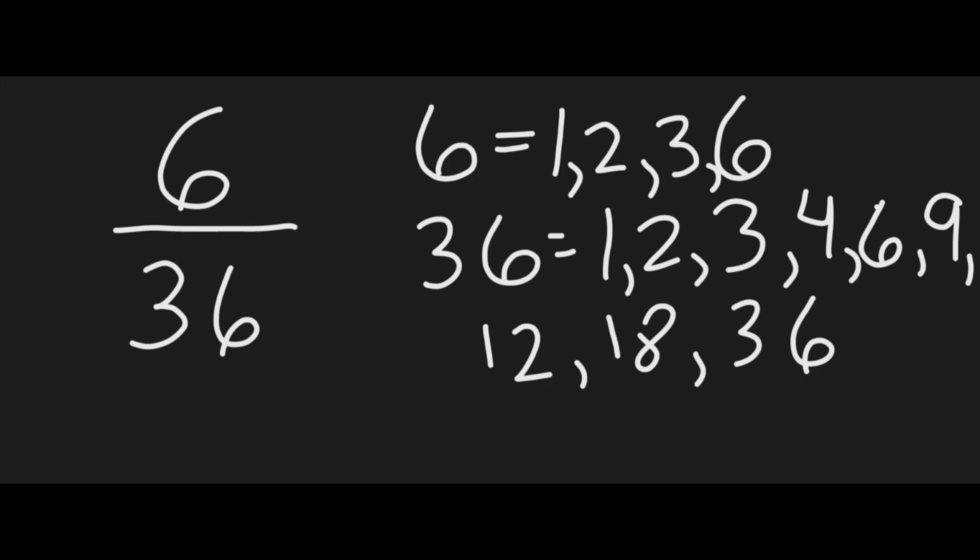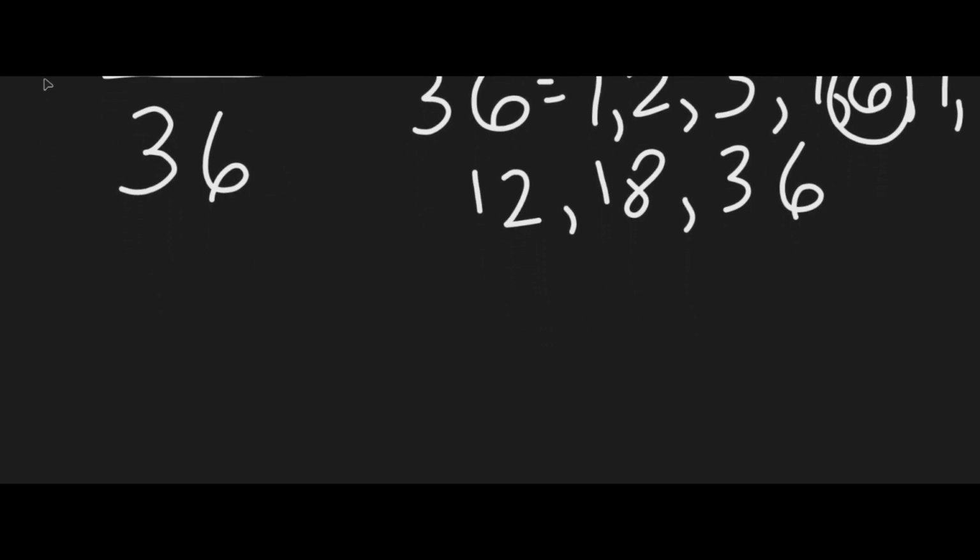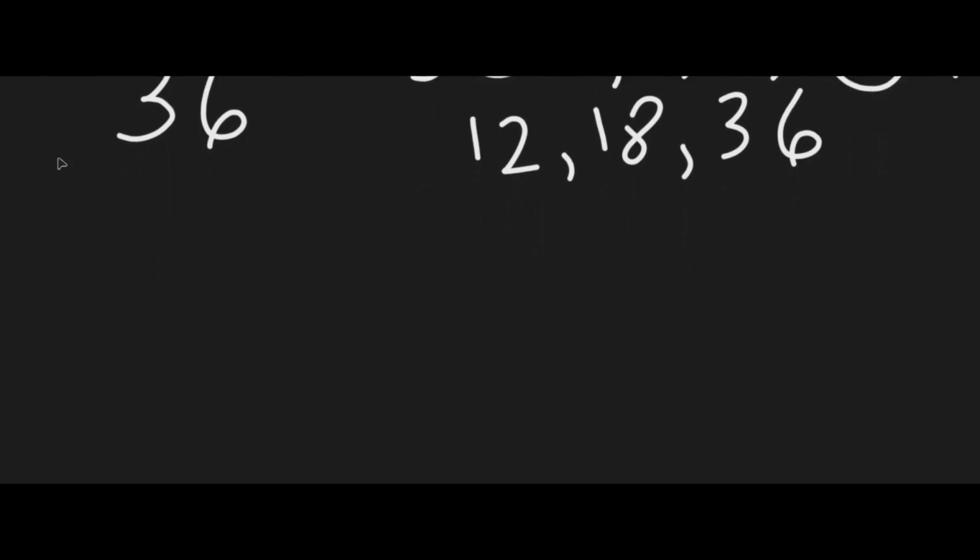What is the greatest common factor? What is the biggest number that the numerator 6 and the denominator 36 have in common? That would be 6. So again, we're going to divide both the numerator and the denominator by the greatest common factor.